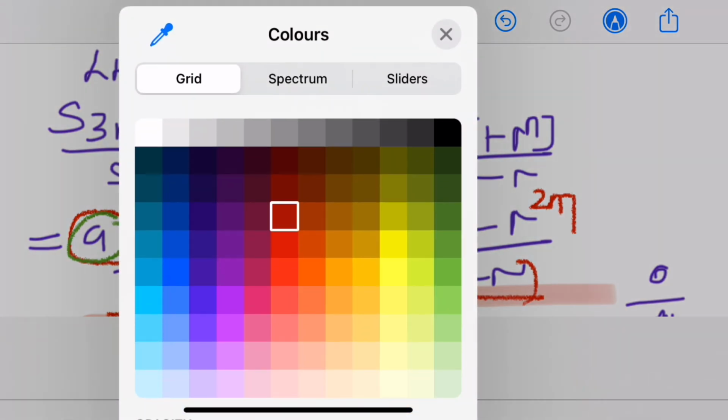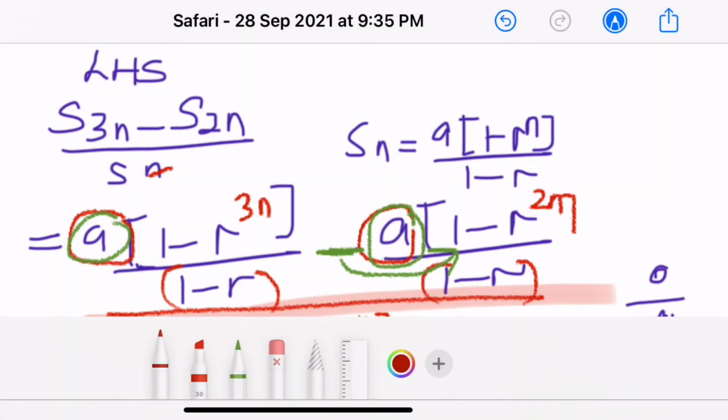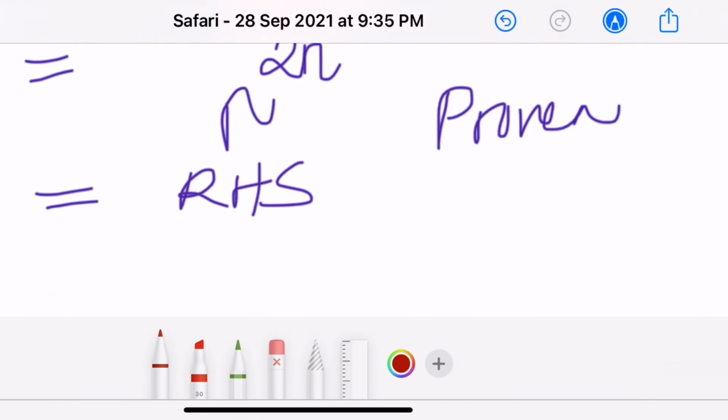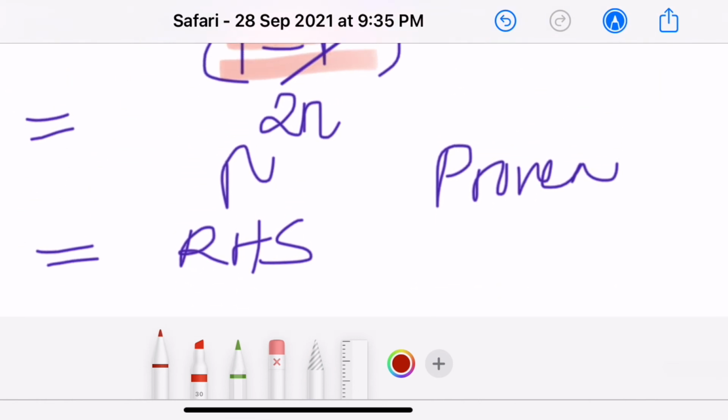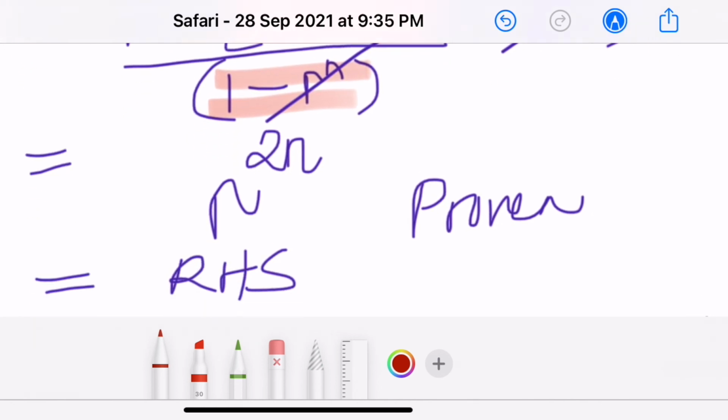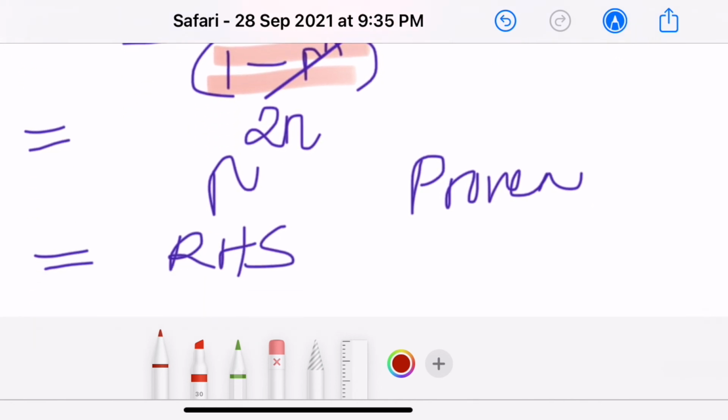The formula that you choose must be for r less than 1. That's all my sharing on how to prove the sum for the first n terms formula with the condition given by the question. Till then, bye bye and have a nice day.